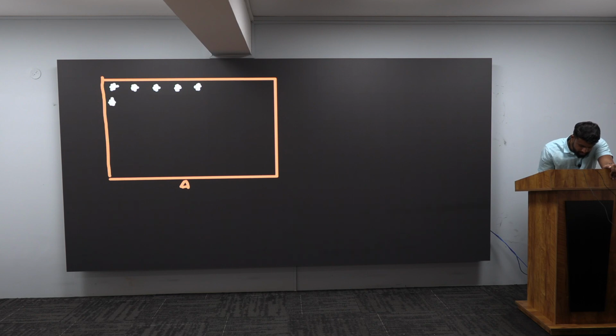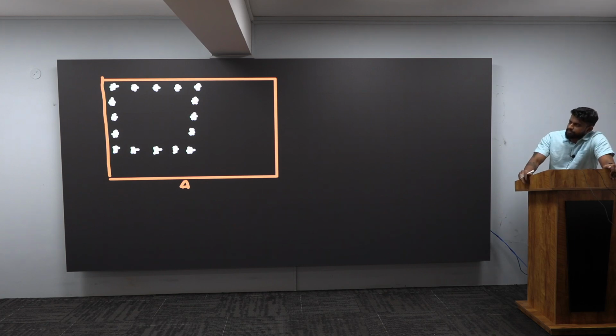This is 2, 3, 4, and 5. It's visible, right? Okay, your eyes are working fine. So this is 2, 3, 4, and 5, followed by 2, 3, 4, and 5. This is my pattern.